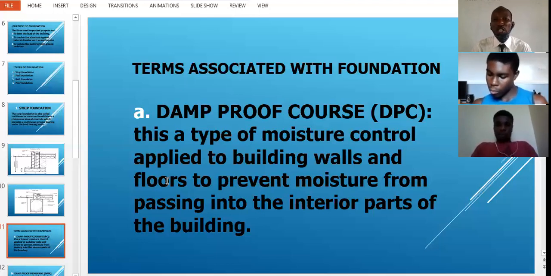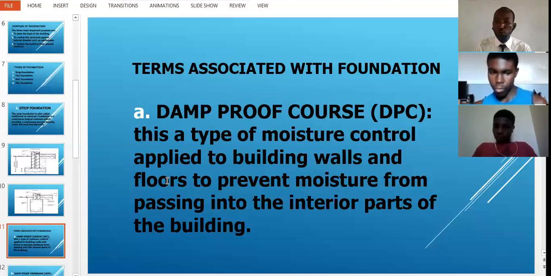Now, from the word damp-proof, you know it's there to protect against what? To prevent dampness, to prevent moisture from gaining access into the structure, into the walls, and into the floor of the structure.